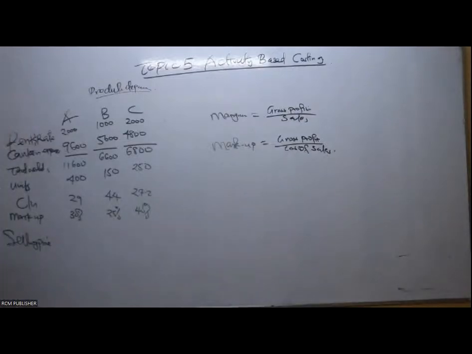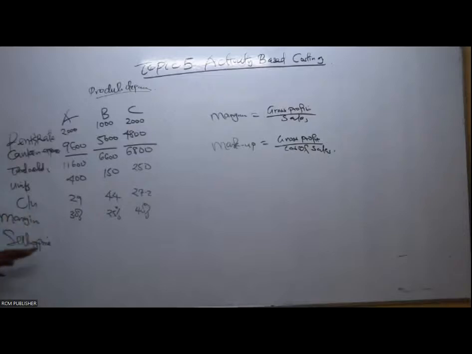Now, how do we get the amount we are going to sell these goods? Let's say this one is margin. Let me not complicate things.